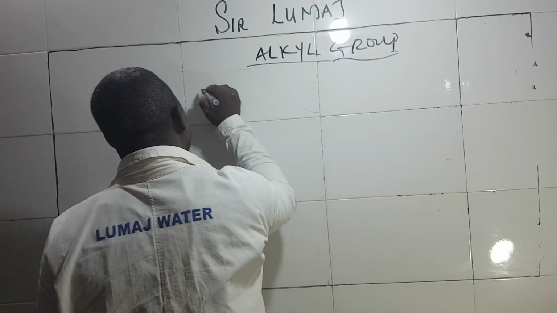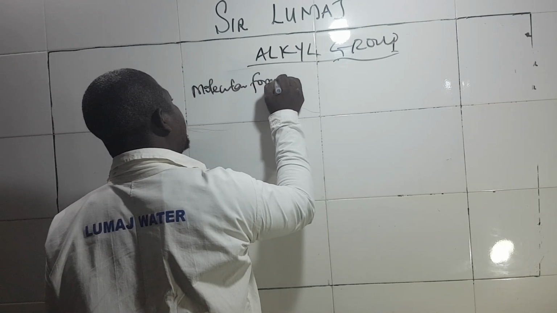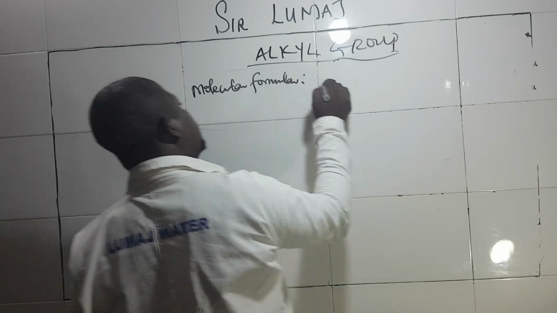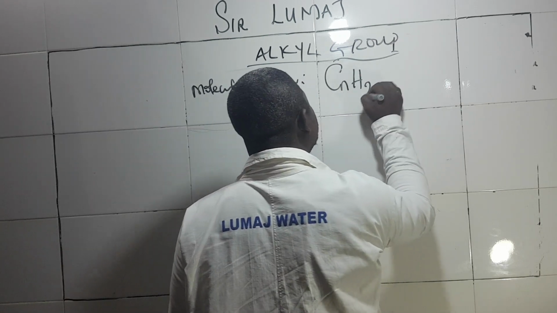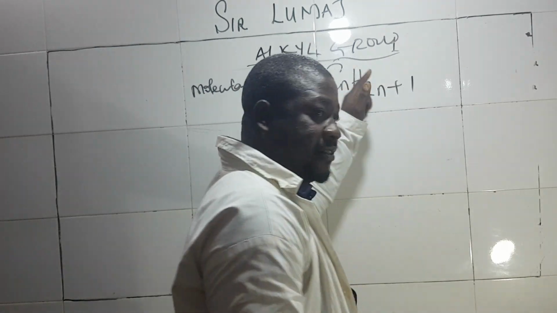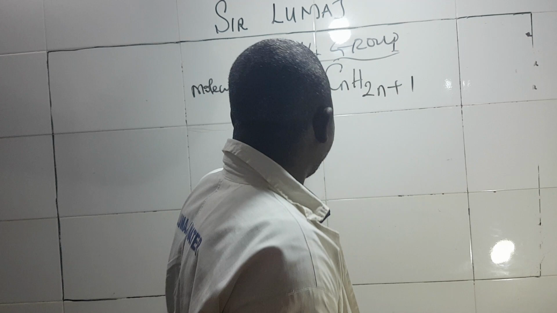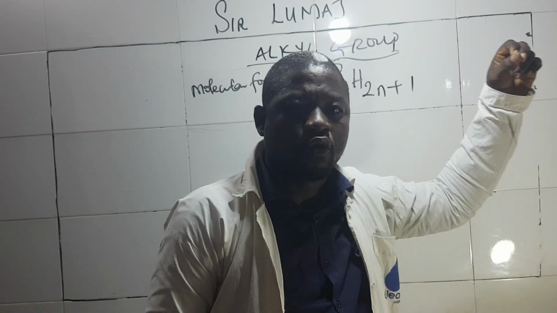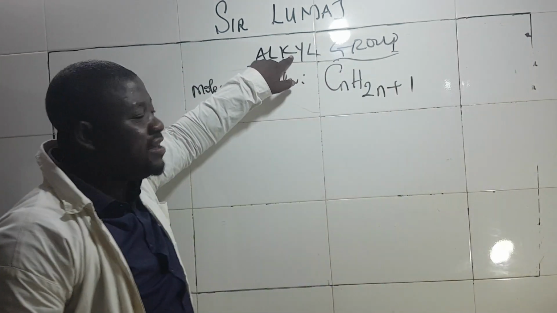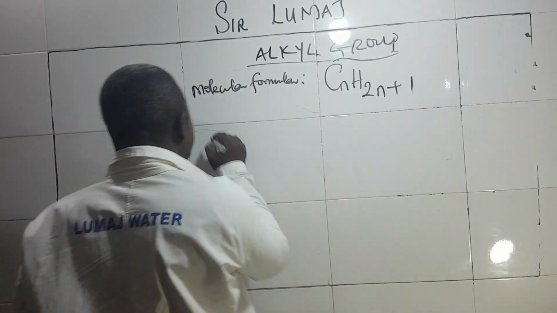And they have the molecular formula of CnH2n+1. It's just one hydrogen deficient of alkane. One hydrogen removed from an alkane will form an alkyl group. And alkyl groups, basically, are attached groups.